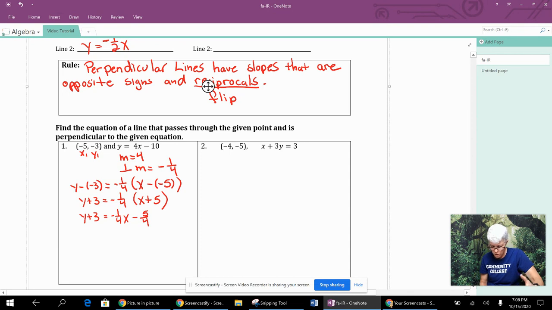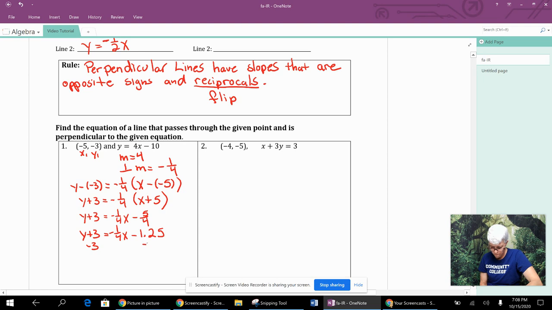Now, I could go ahead and clear that, or I can just leave it alone. But let's go ahead and turn that into a decimal. So I'm going to say that y plus 3 equals -1/4 x. For now, I'm going to change it to a decimal. I can leave it like that, or I can change it back. We might do both.